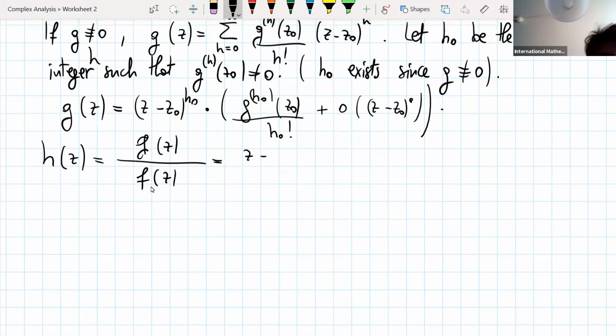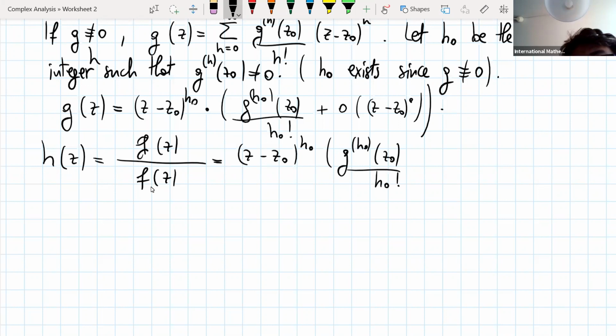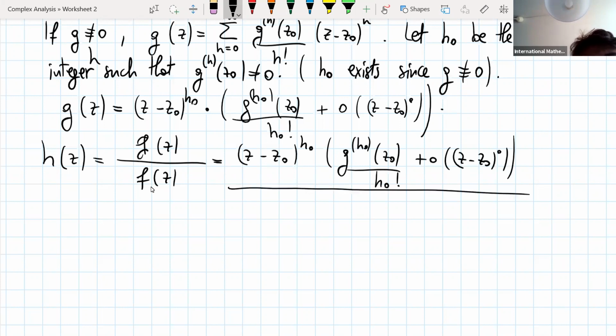So this is now (z minus z0) to the h0 times g^(h0)(z0) over h0 factorial. And below we get the same f.